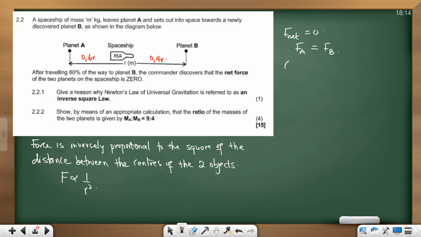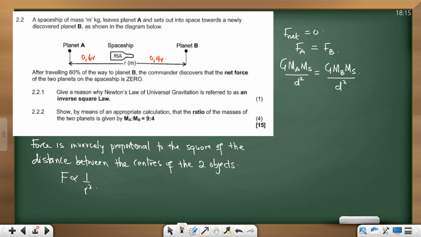What is F, by the way? It is G. Now, for F of A, G, MA, mass of spaceship over the distance squared equals G, MB, spaceship is our focus, over the distance squared.